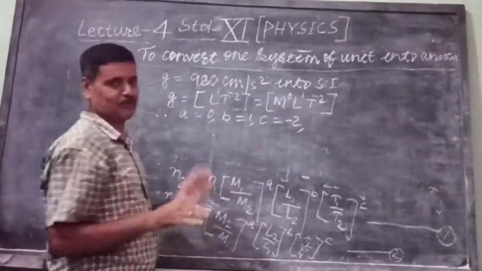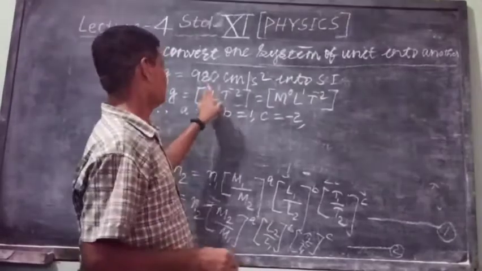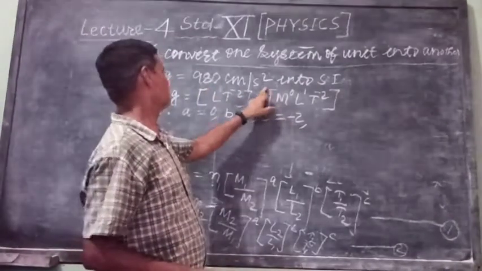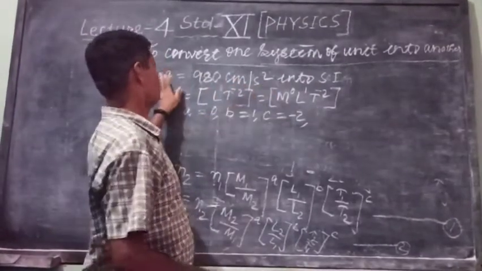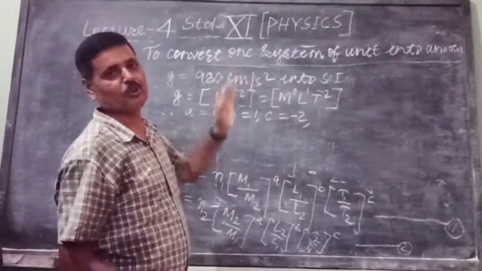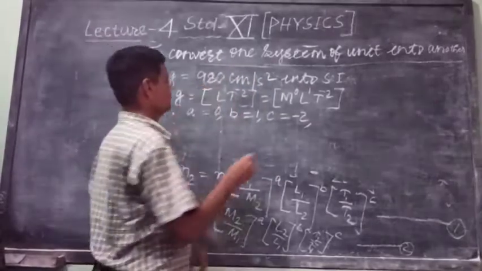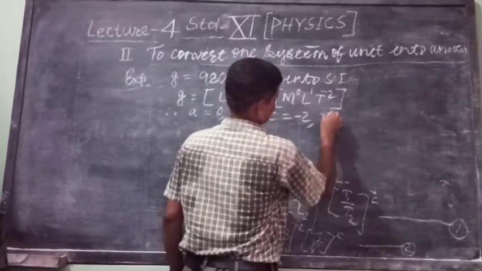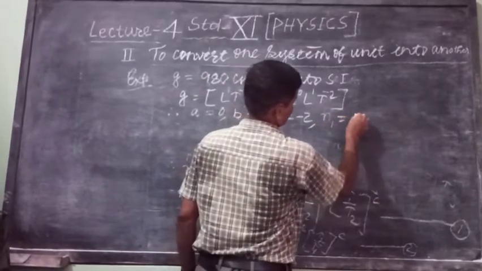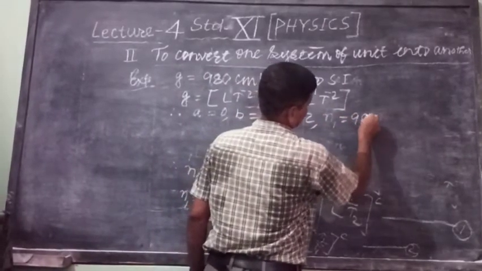We are now free from a, b, c. The demand of the question is conversion of this numerical value. n1 is given, how much? 980.